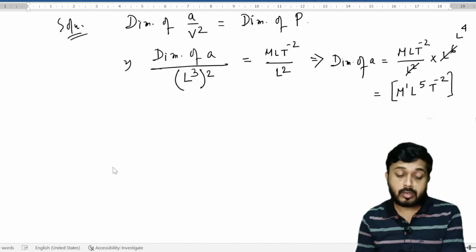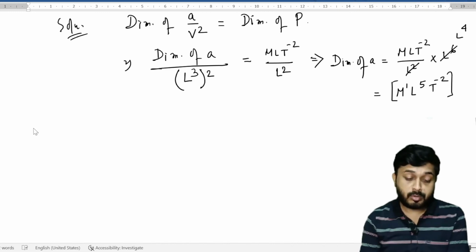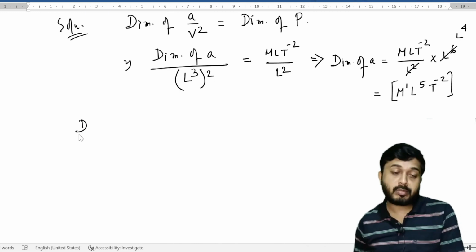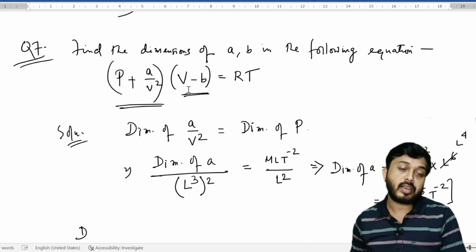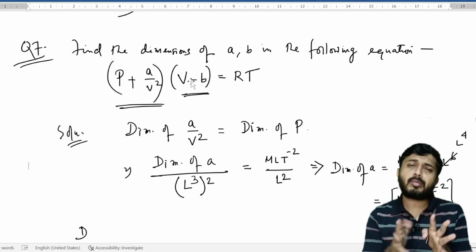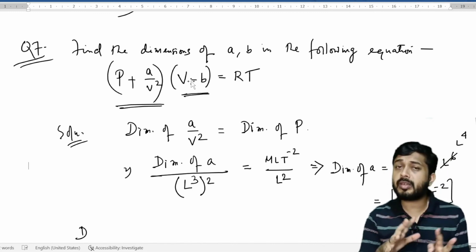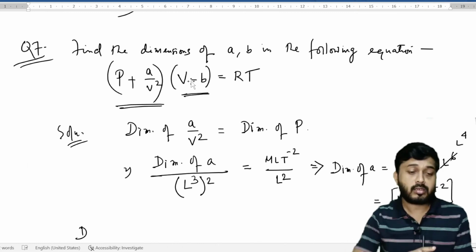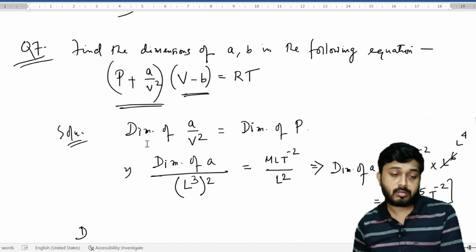Alright. Now let's come to find out the dimensions for B. Dimensions for B, I told you, should be same as the dimensions of V, that is volume, because B has been subtracted from volume, and two dimensionally same quantities can only be added together or subtracted from one another, right? Keep it in mind.